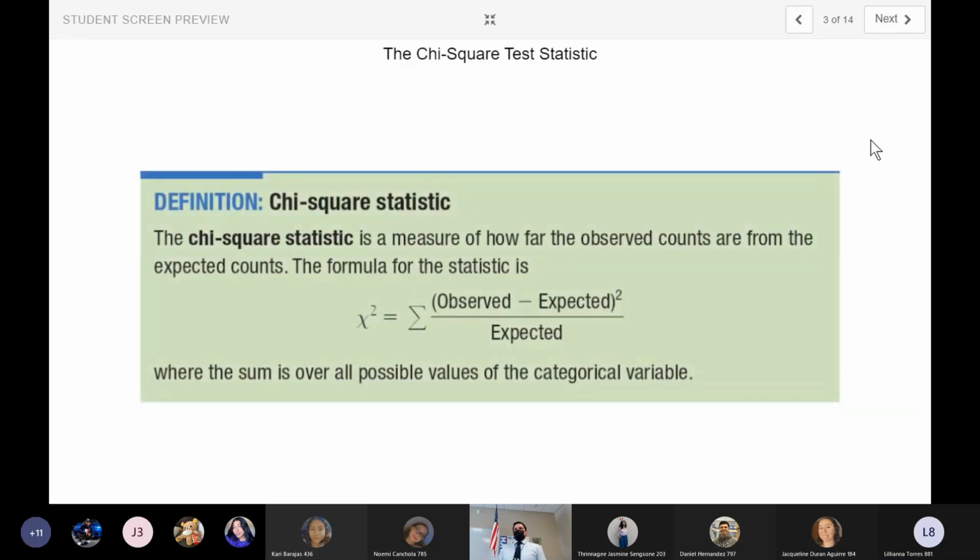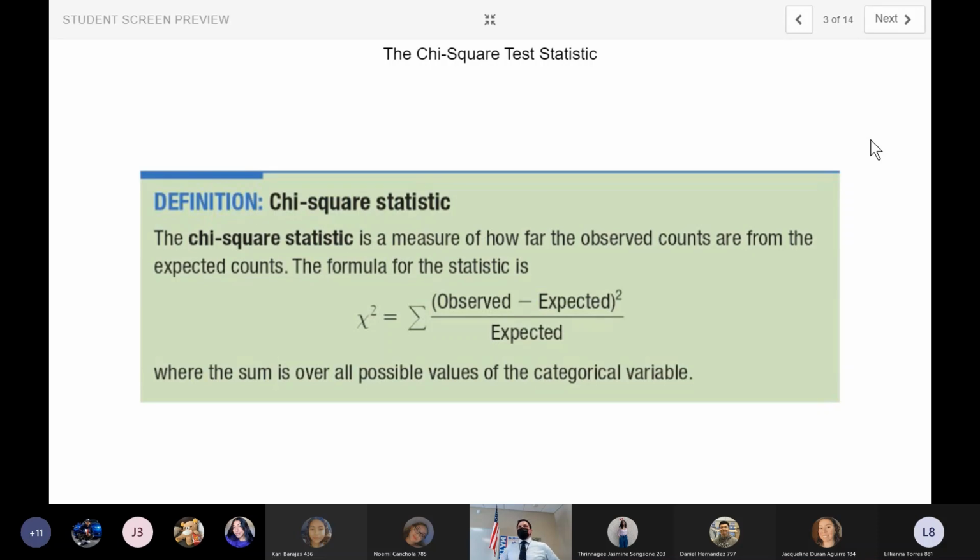So this is how we calculate our chi-square test statistic. This is a measure of how far the observed counts are from the expected counts. The formula for the statistic is chi-squared equals the sum of the observed minus expected squared divided by expected, where the sum is over all possible values for the categorical variable.